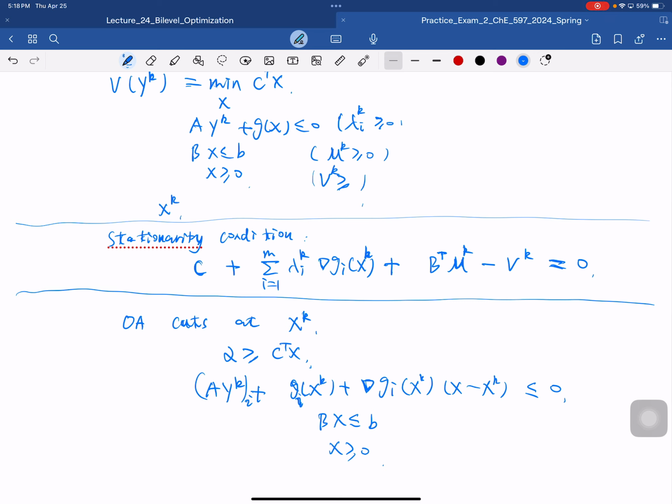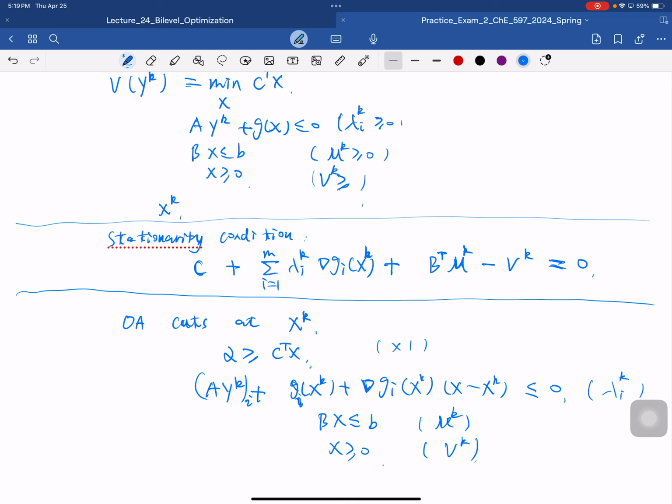Now remember, the way to aggregate those constraints is that you want to get rid of the x variables here. So you will multiply this constraint by 1, and multiply those constraints by lambda ik, and multiply this by mu k, and this by vk.